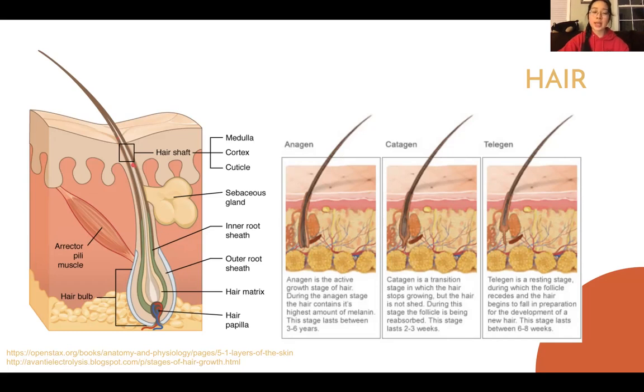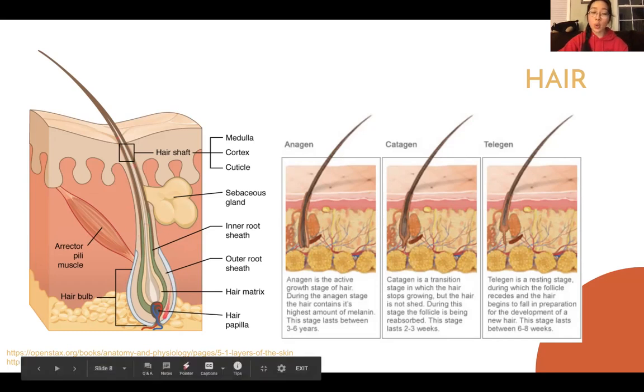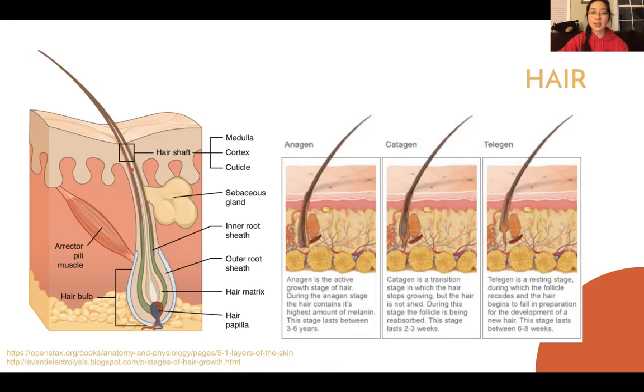The part that's out of this bulb region is called the hair shaft. And that itself has three layers, from inner to outer, the medulla, the cortex, and the cuticle. And all three of these are made of dead cells that contain keratin. And keratin, if you remember, is the same protein that's located in epidermal cells.